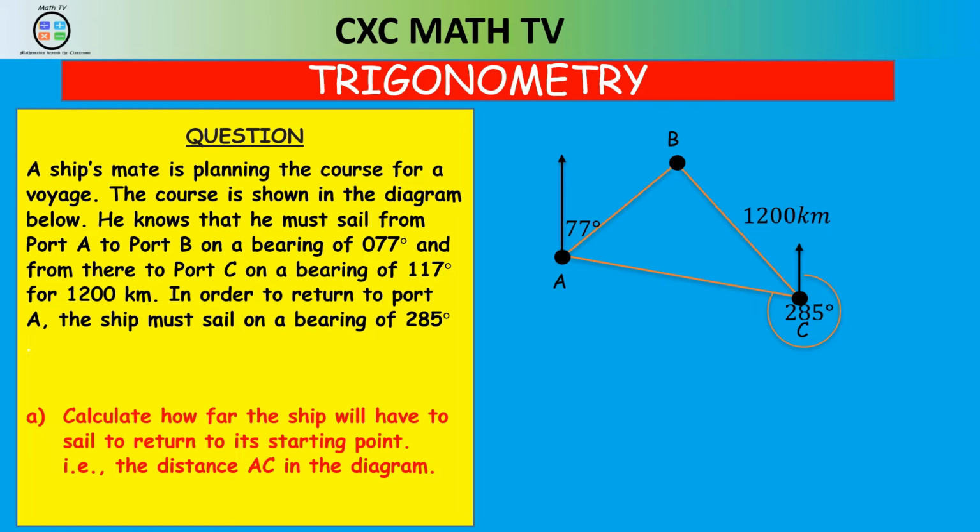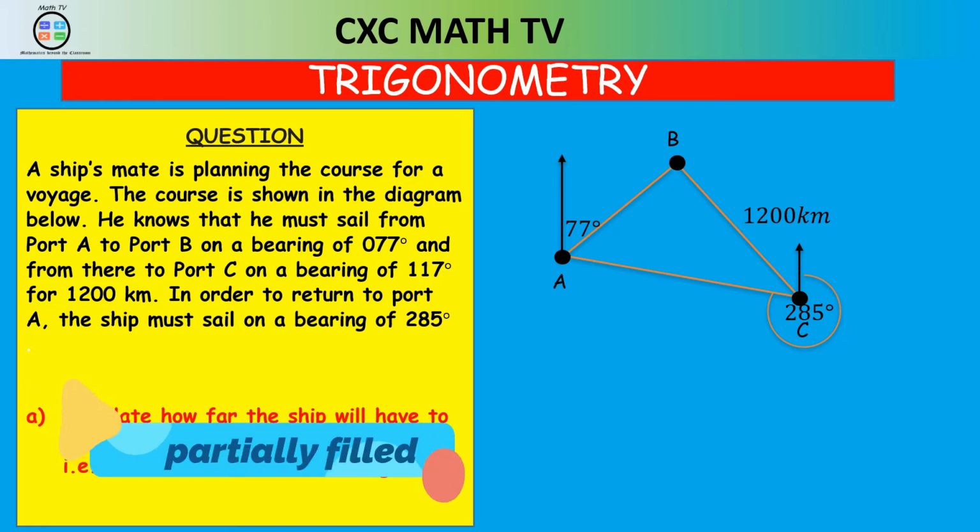Now, in order to do this question, we need to work out the distance AC. So we know that we're going to do some sort of calculation with sine or cosine rule. First thing I want you to ask yourself is, which one of these types is this bearing question? Looking at it, we see that some of the information is on the diagram.